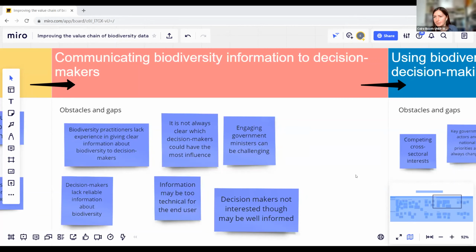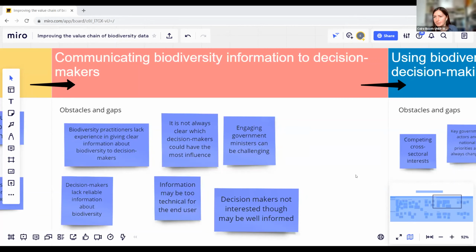Okay, so the all-important end goal, using biodiversity information for national decision-making. So these have cropped up throughout the webinar already, but just to revisit some of the obstacles and gaps with this, there is always going to be competing cross-sectoral interests.